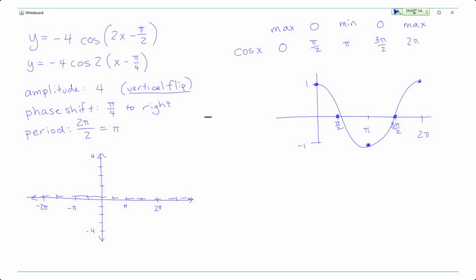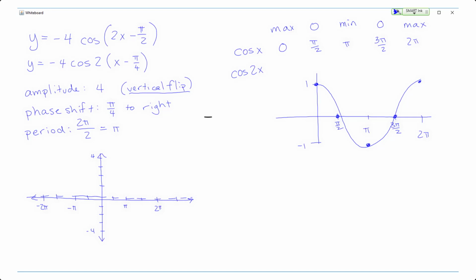Now, when I put a period change and I put a phase shift in here, things are different. So what I'm going to do is first apply my period change. It doesn't really matter which one you do.